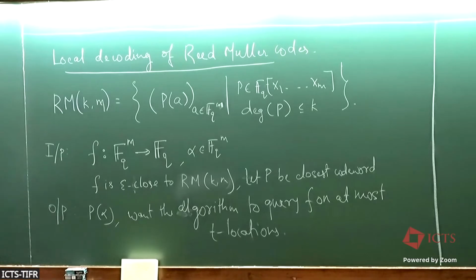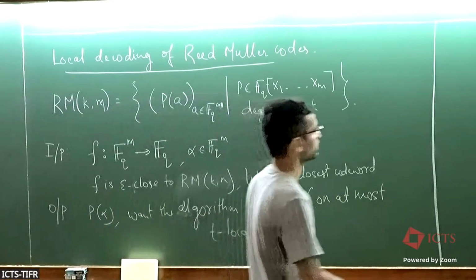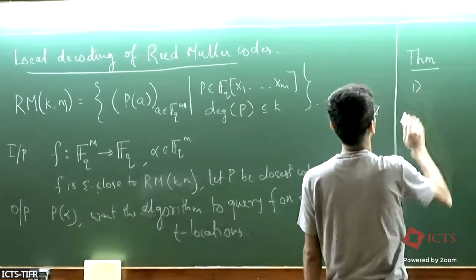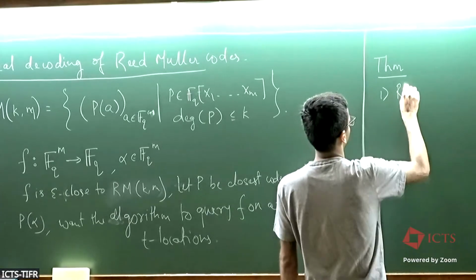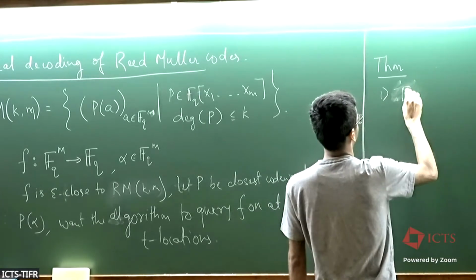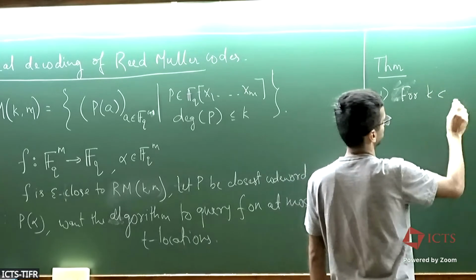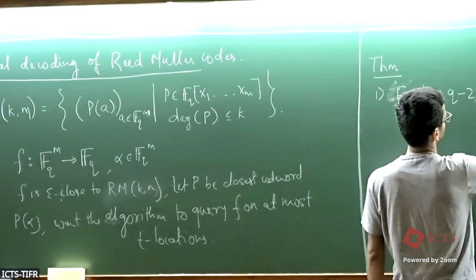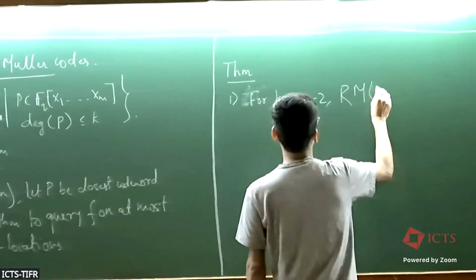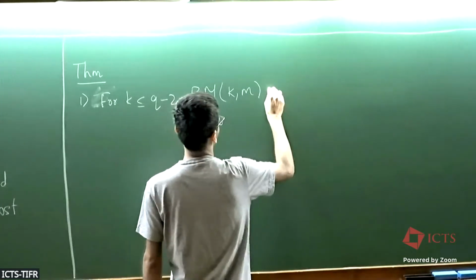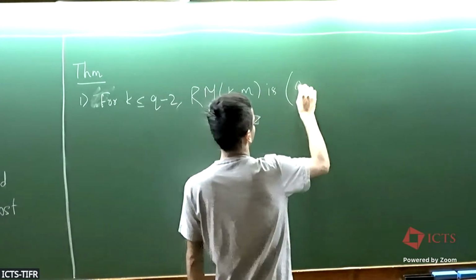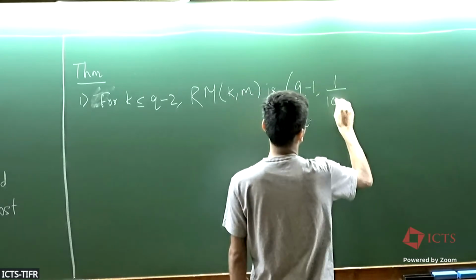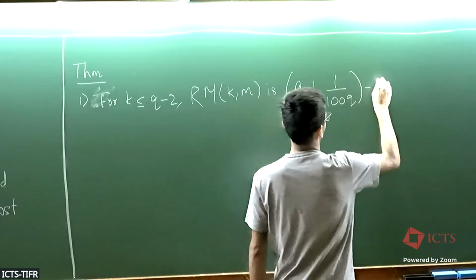Is the setting clear? So we'll prove two versions of this theorem. In the first version, we will show that for k being at most q minus 2, RM(k, m) is q minus 1 comma 1 over, let's say, 100q locally decodable.